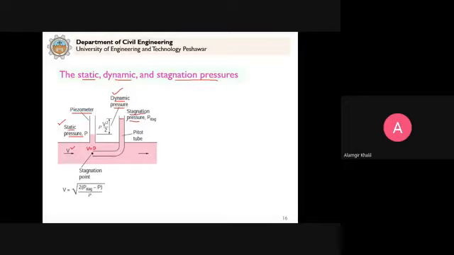And then once we can measure the static pressure, this dynamic pressure concept is used in order to calculate the velocity. And this is the basic purpose of this pitot tube. We are using pitot tubes to measure the velocity of flow.